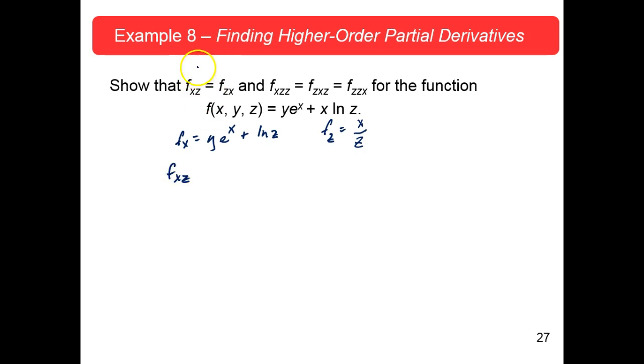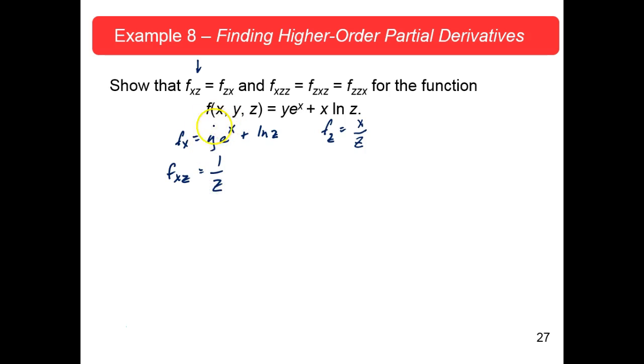Now that will give you exactly what you want here. So let's see what we got. It would be 1 over z, and that is all, folks.